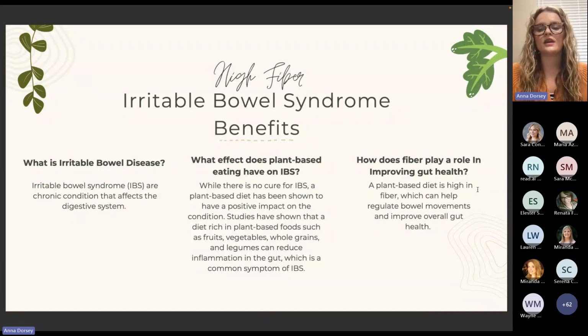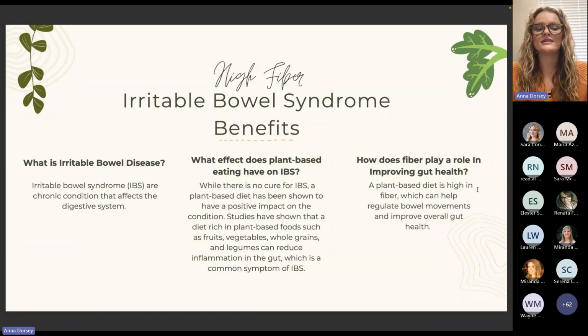So a plant-based diet that's really high in fiber is really beneficial in supporting, treating, or preventing this from occurring. There's no known cure for irritable bowel syndrome, and no known cause.